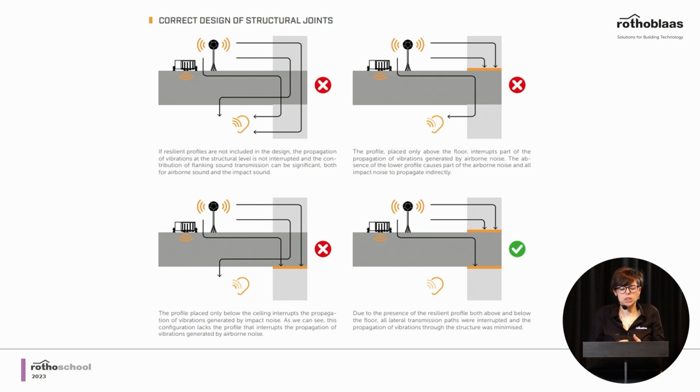So it's not enough to put the resilient interlayer just on one side, for example, only between the floor and the bottom side of the wall, but we need to put them also between the floor and the top part of the wall. Only in this way can we reduce all the flanking paths.